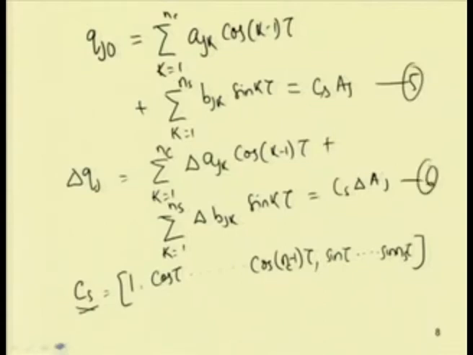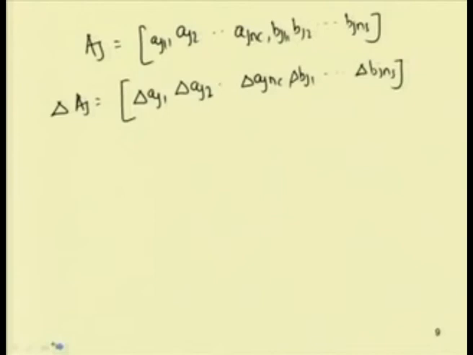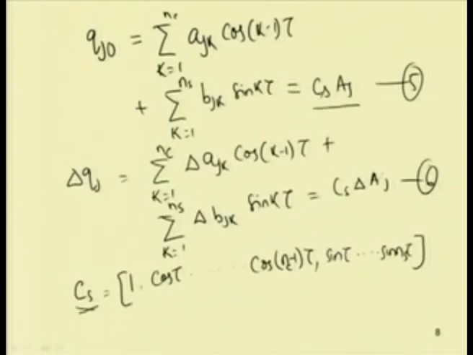Now this q j 0 and delta q j 0 we can write in this way, by using A as A 1, A 2, up to A m transpose. Here we have written this C s A j, where A j will be equal to A 1, A 2, A 3, up to A m.